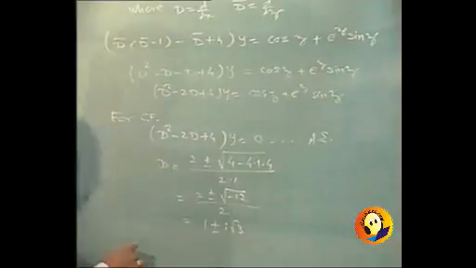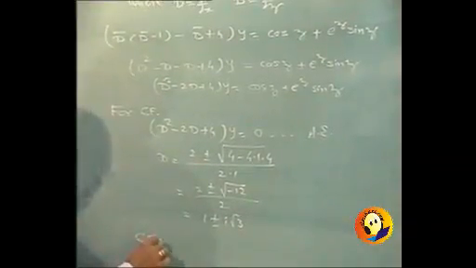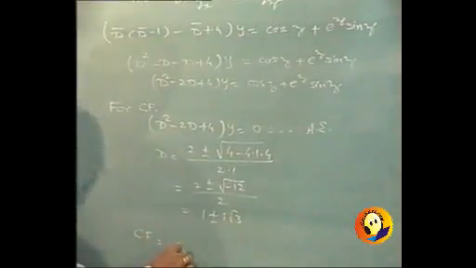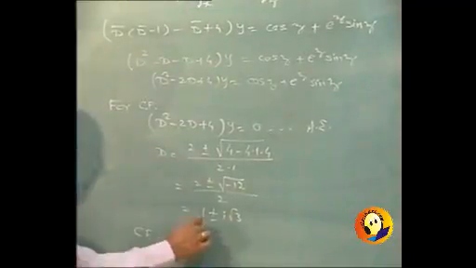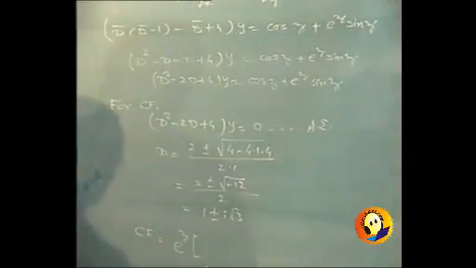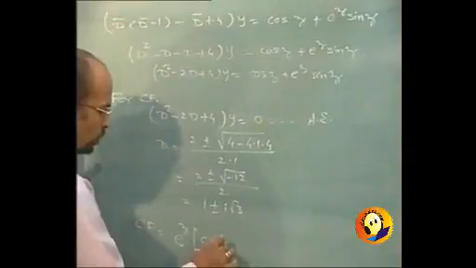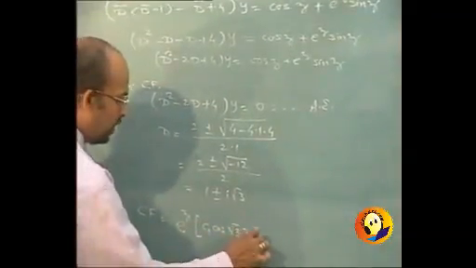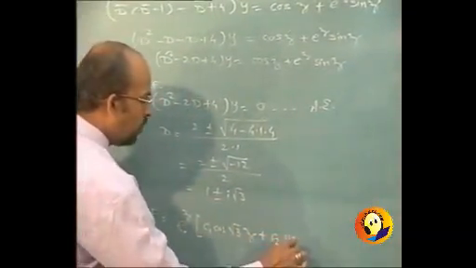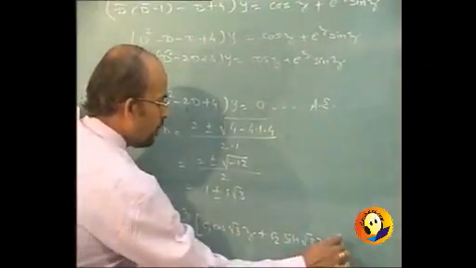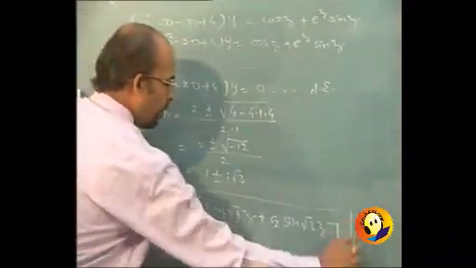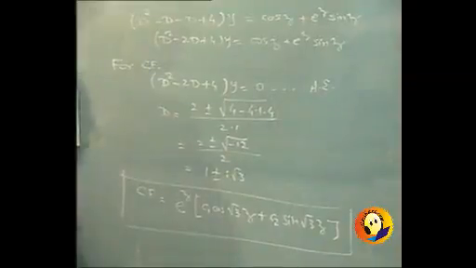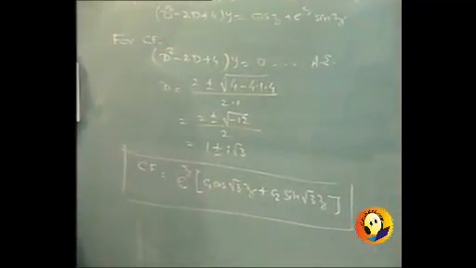And so CF in this case will come out to be e raised to alpha x, that is alpha z in this case, e raised to z into bracket c1 cos of root 3z plus c2 sin of root 3z. That was CF.